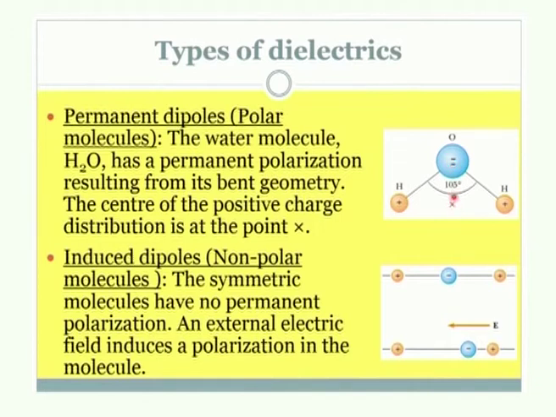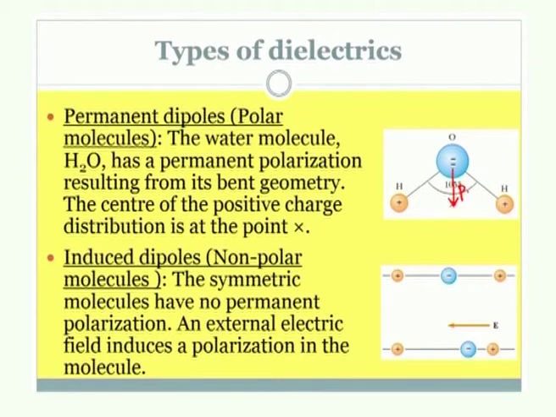So, it is separated by a distance, and there is a permanent dipole moment. The dipole moment is from which direction to which direction? Any idea? We have learnt about the dipole moment in the earlier lectures. It is from negative to positive. So, this is the direction in which the dipole moment P exists.